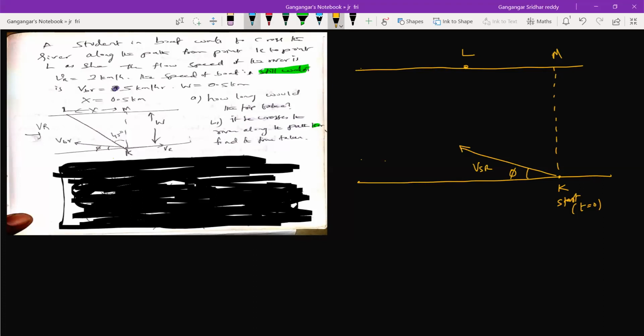Then the river current will push him. This is the VBR, no? These symbols will change.